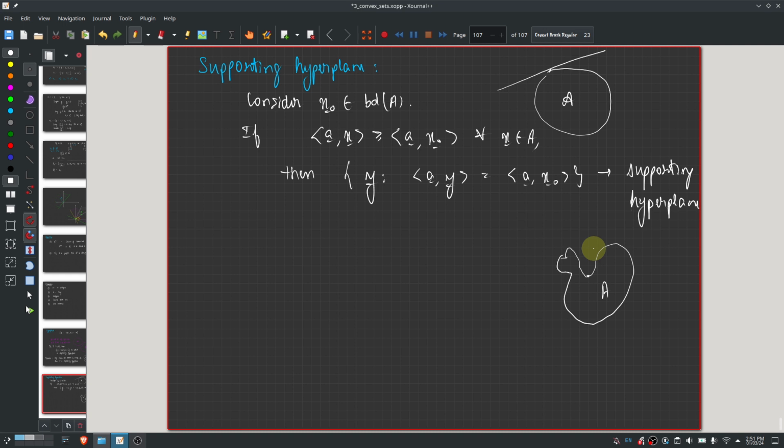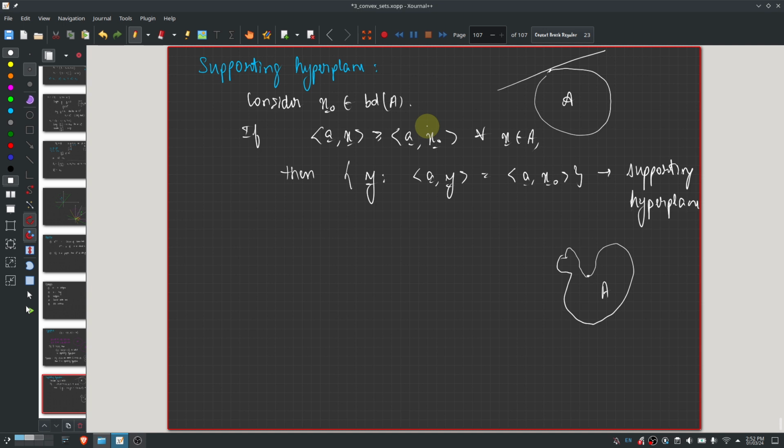And why can that happen? Note that, let's look at the requirement. We want the inner product between a and x to be greater than or equal to the inner product between a and x naught. Correct? Now suppose that the set A is not convex, but actually lies in a lower dimensional subspace. For instance, let's think about R3.